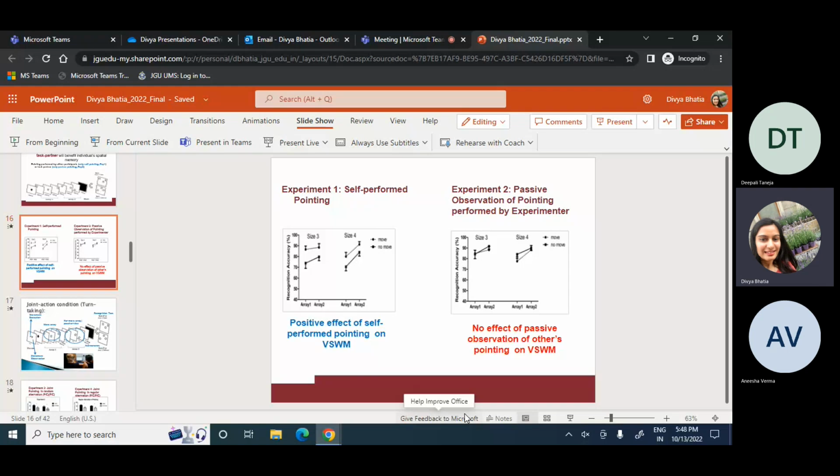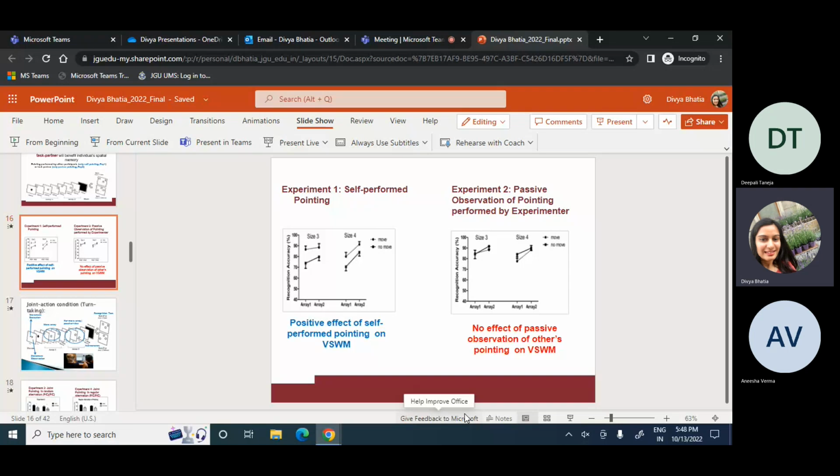Can I ask one more? Maybe if I understood you correctly, you do the squares and circles, and some they point, some they do not, and then you have your masking stimulus, and then you present the circles and the squares in their various configurations. Sometimes they're congruent, sometimes they are not. So the data you're showing us here, where the pointing has a beneficial effect, is that for both the congruent and the incongruent representations?